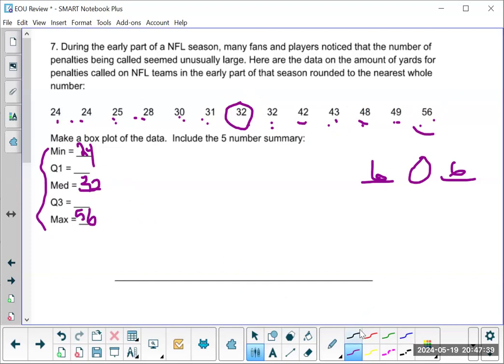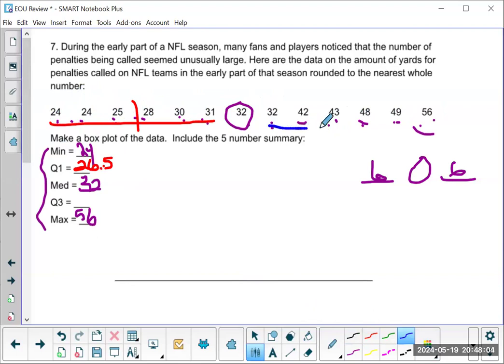When I go to find my Q1, I'm only working with the first 6 numbers, and I need to split them into 2 teams, so I split it right here, 3 and 3. The middle number of 25 and 28 is 26.5. If we don't know that, we can just add 25 plus 28 on the calculator and divide by 2.